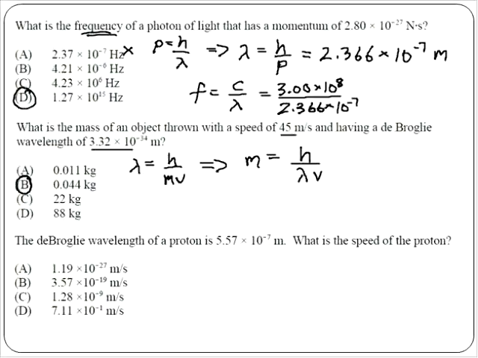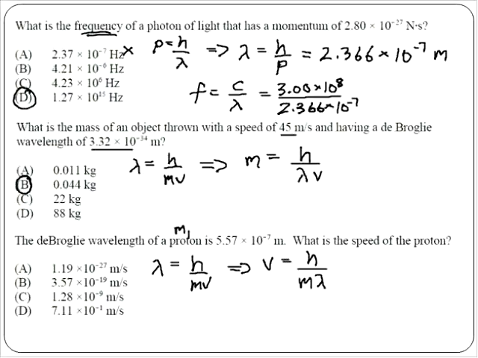And the next one there, the de Broglie wavelength of a proton. What is the speed? Well, again, same formula. Lambda equals h over mv. This time, though, I'm asked to find the speed, so I say v equals h over m lambda. There you go. So what we do is you plug in those numbers, and again, I'm not going to write them all out because you've been given them all.